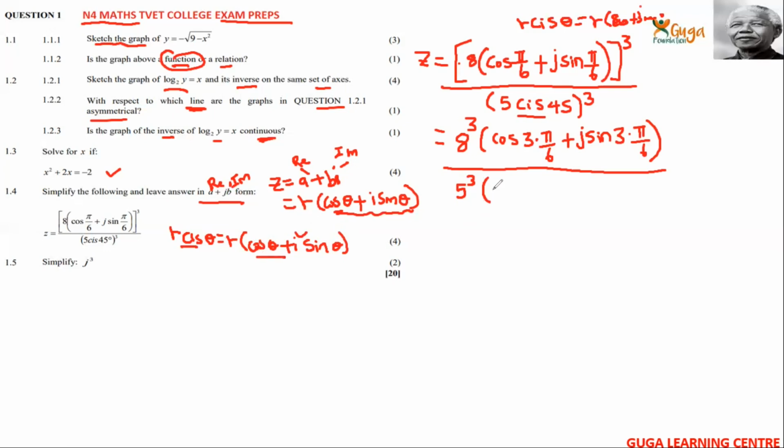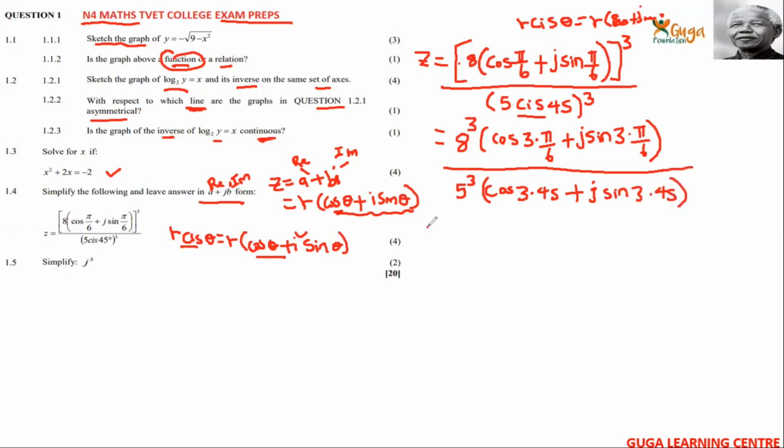So I'm going to have cos of 3 multiplied by 45 plus j sine of 3 multiplied by 45, right?